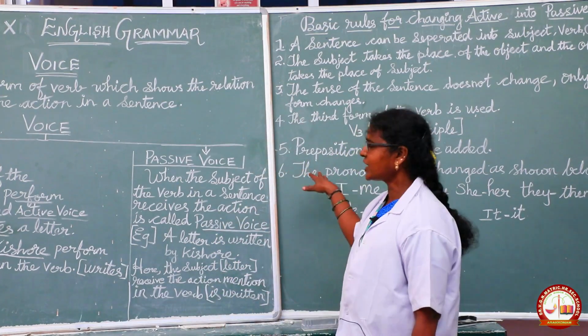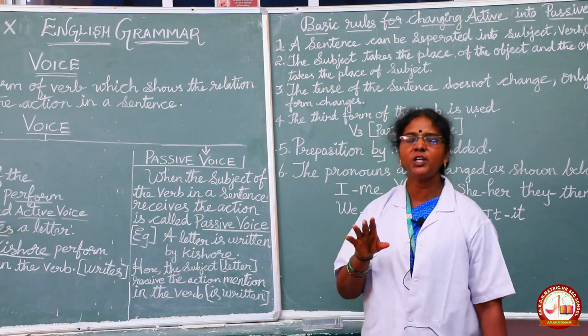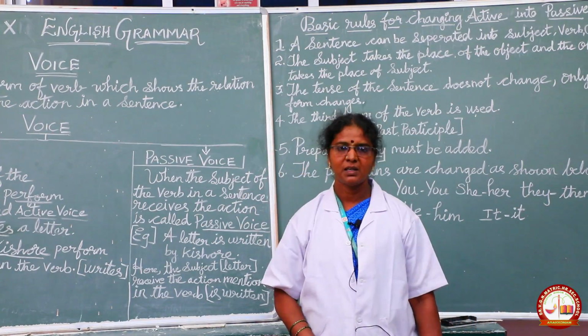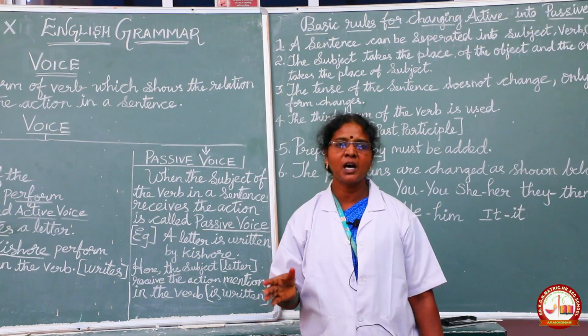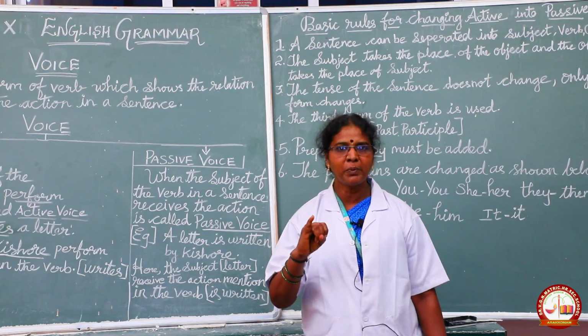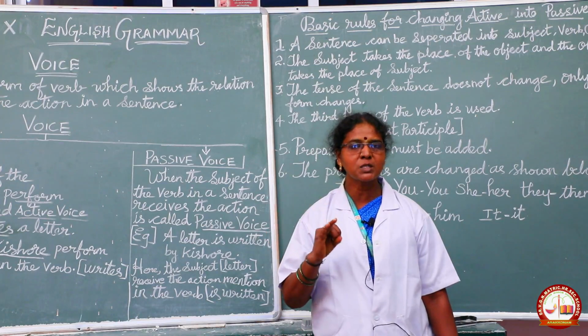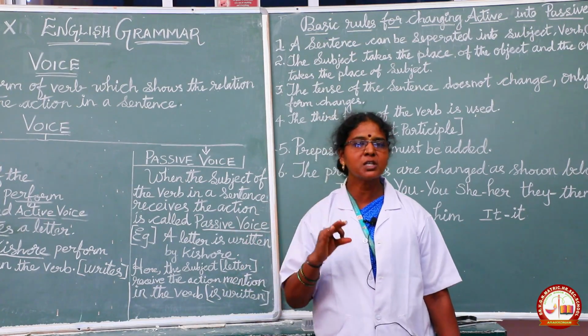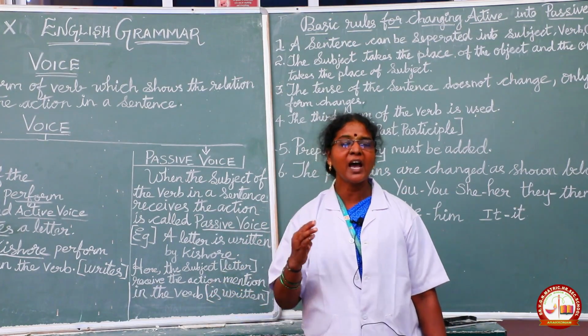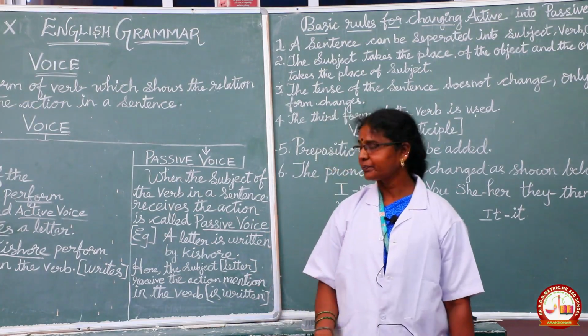But in active voice and passive voice, we can use only 8 forms. The remaining 4 forms are not used. That is present perfect continuous tense, past perfect continuous tense, future perfect continuous tense and future continuous.